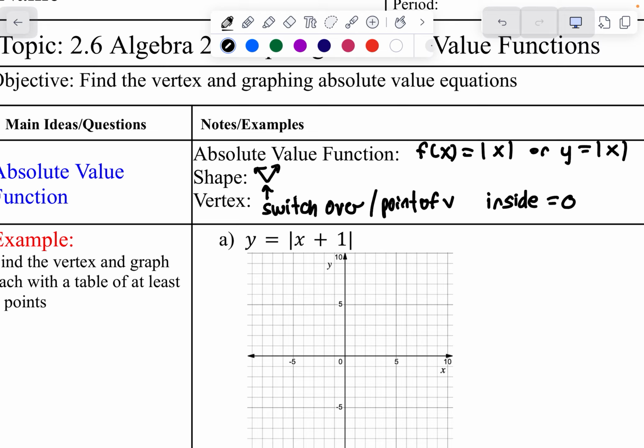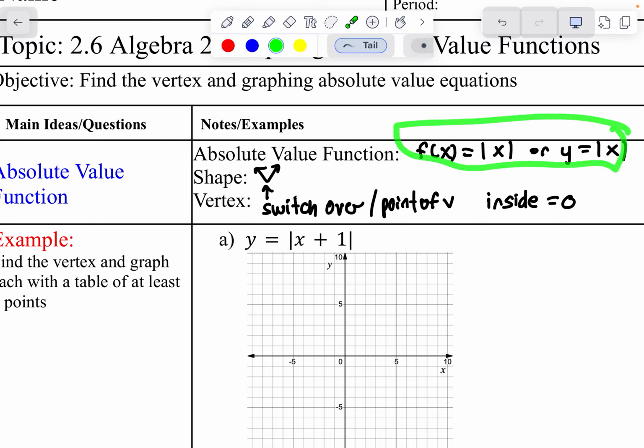Okay, so our original absolute value functions here are called the parent functions of the absolute value. If you take pre-calc next year or college algebra or algebra 3, there are some techniques that let you graph these a little easier, but what I show you now will work for you even if you take a pre-calc class.